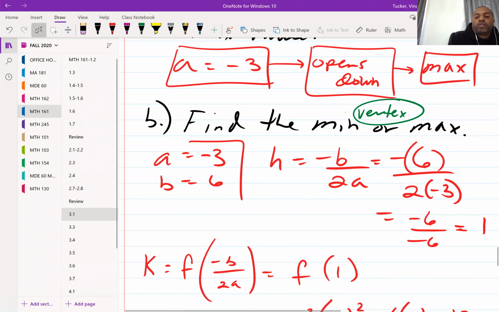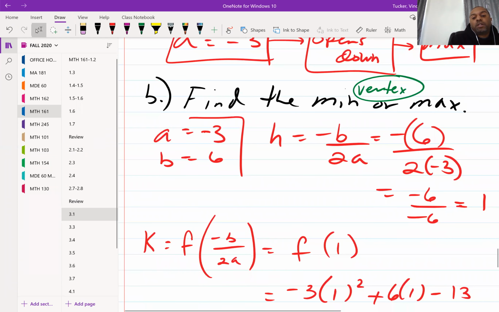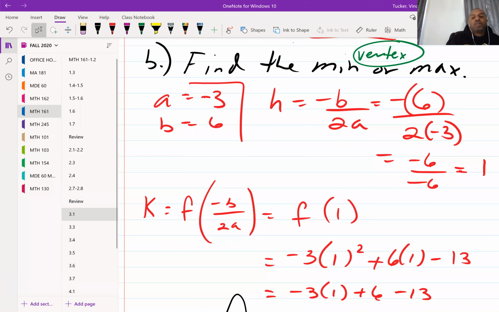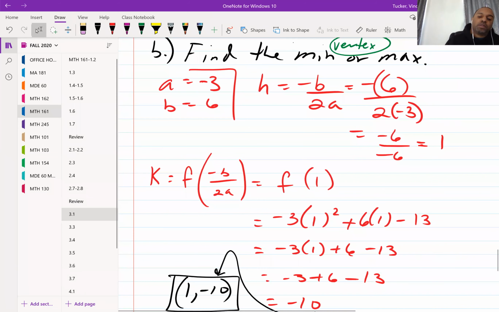All right, so now you take 1 to find K. You take that 1, plug it into your function. Doing that, we have -3 times 1 squared plus 6 times 1 minus 13, which ends up giving us -10 as a result.